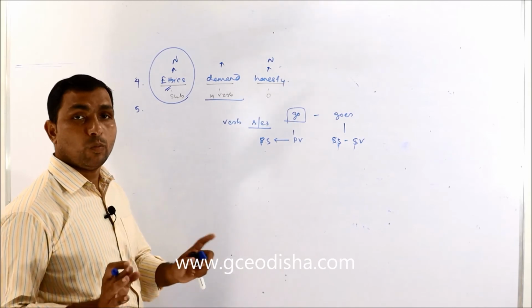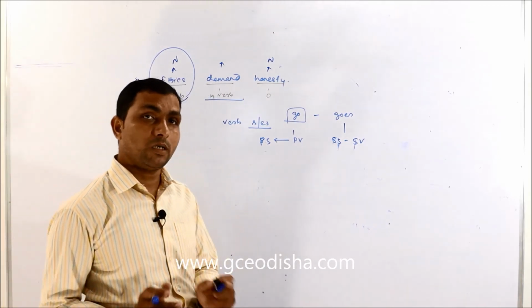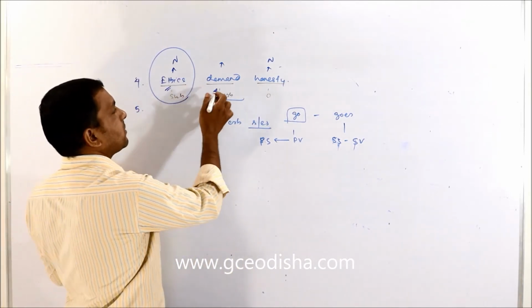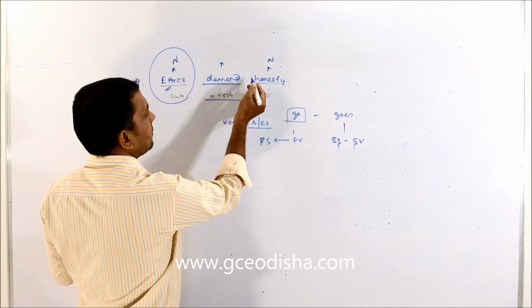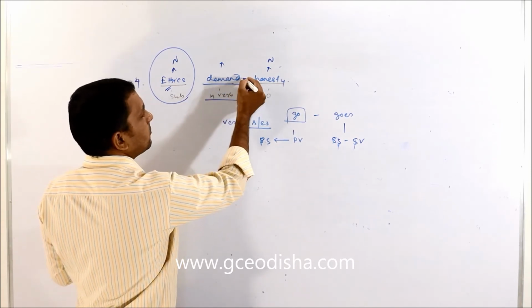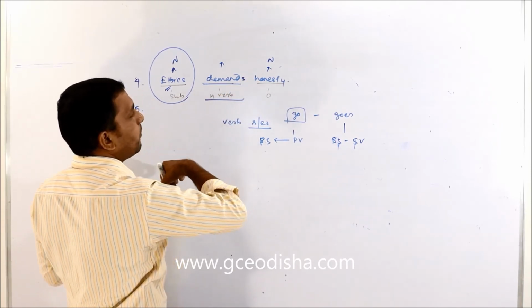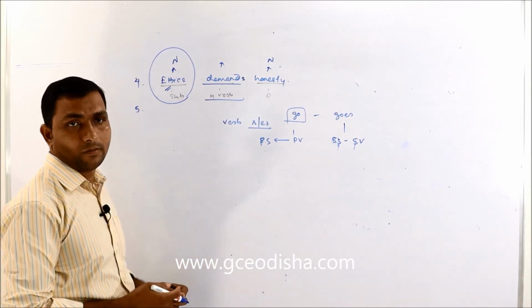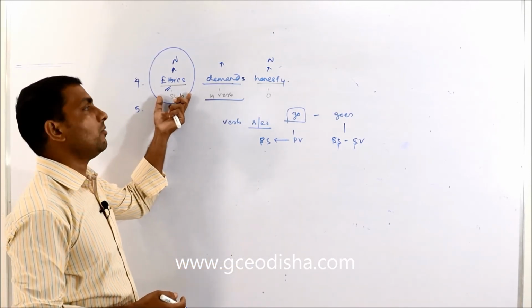Understood? That means a verb with s or es becomes singular. So ethics demand honesty is again incorrect. It should be ethics demands honesty because it is singular.